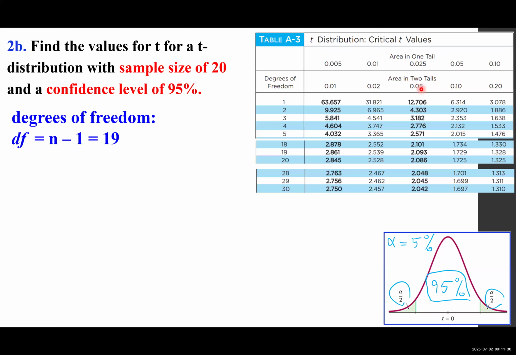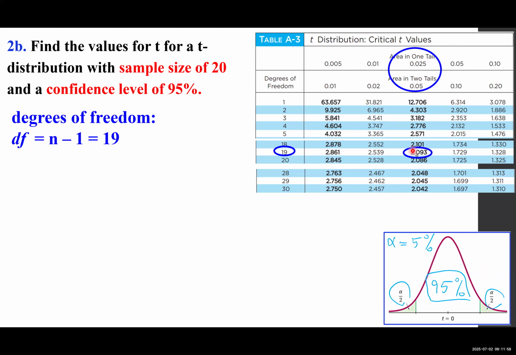Area in two tails is 5% or 0.05. Alpha over 2 in one tail should be half of that. So we are looking at degrees of freedom on the left. Area in two tails, 5%, right? 1 minus 95%. And in one tail is half of that. So these two coming together will give us this number.